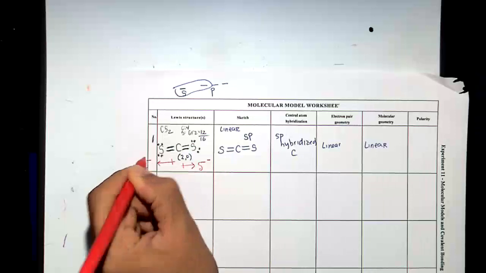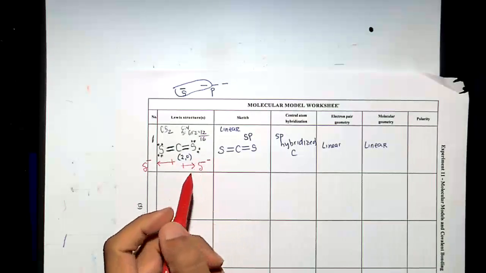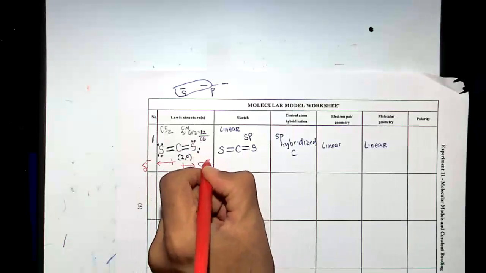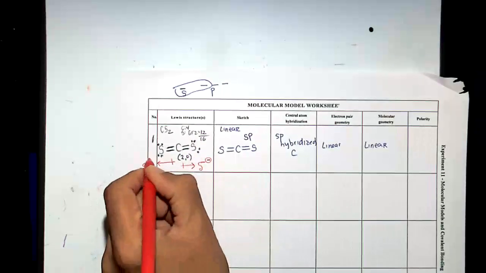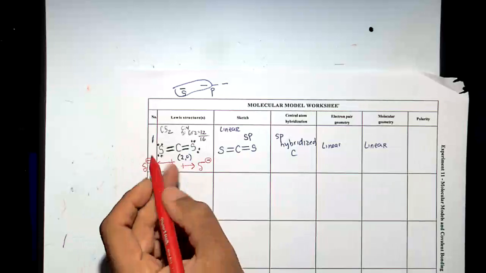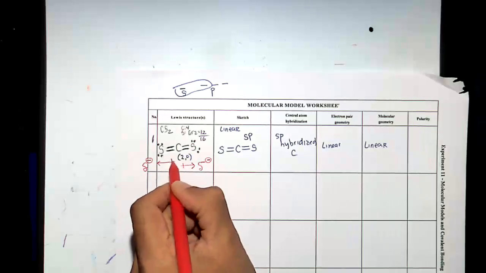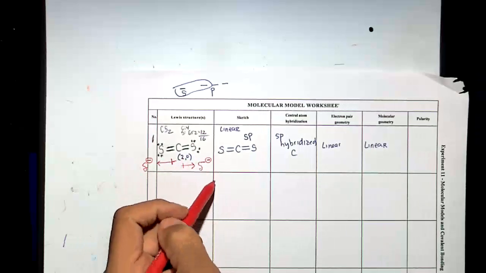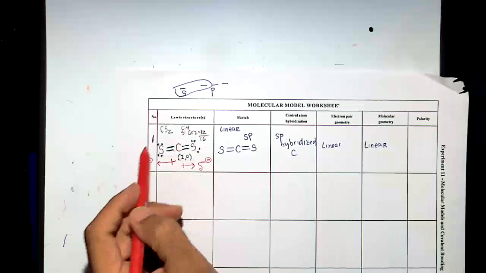This sulfur, which is electronegative, pulls to the left, and this sulfur pulls to the right. This is partial negative, and this is partial negative. We put a little arrow with a tail, which means it's pulling.